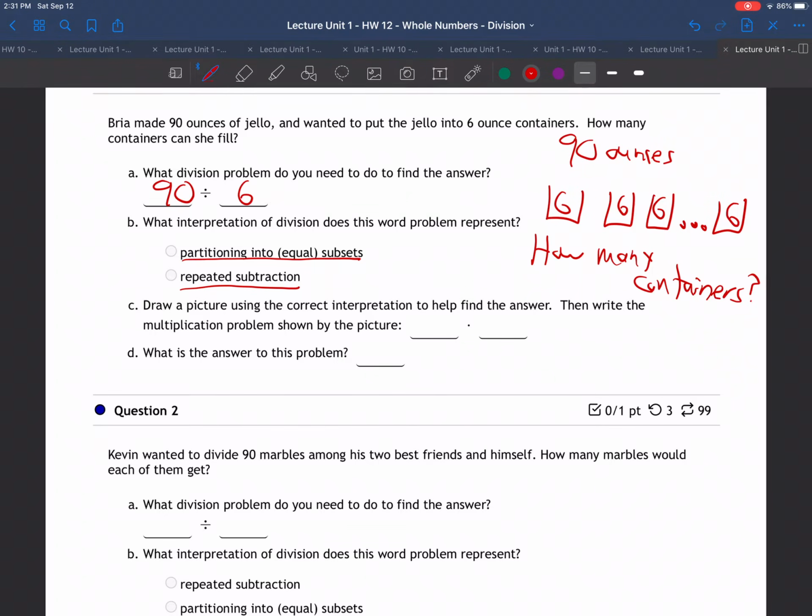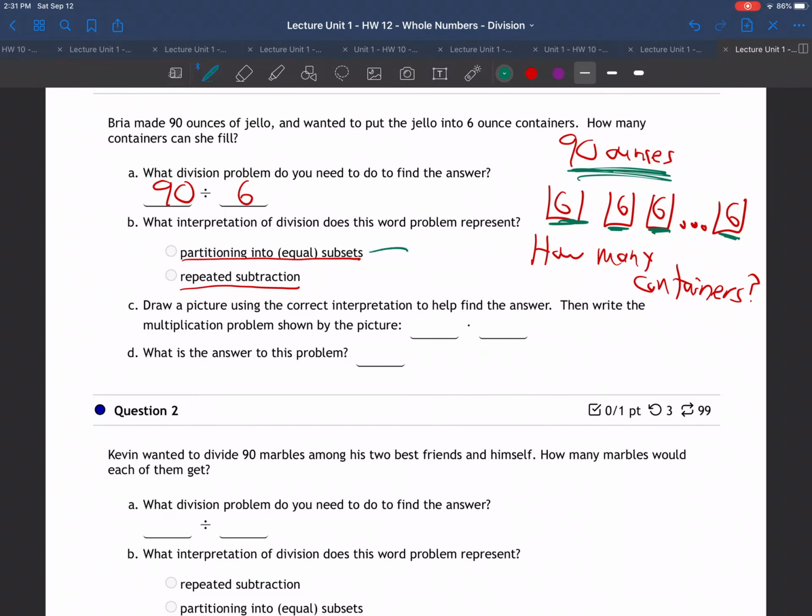Now this is going to be kind of tricky because the difference is pretty subtle. It's pretty small, but there is a little difference, and with enough practice you can tell which one it is. So let me help you with it. When we think about taking our 90 ounces and breaking it into 6 ounces, 6 ounces, 6 ounces, 6 ounces, what are we doing?